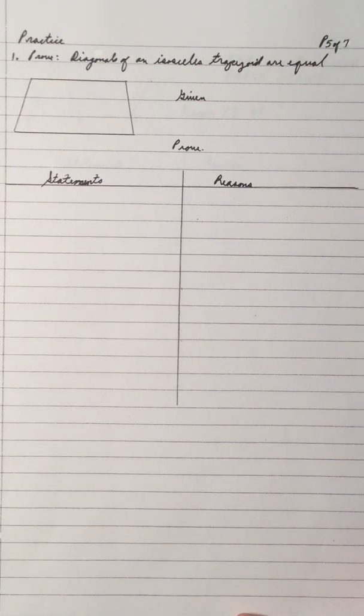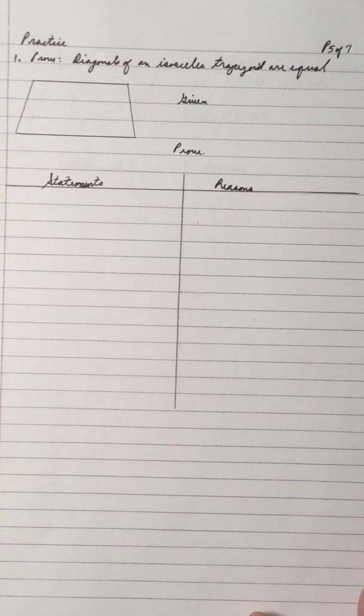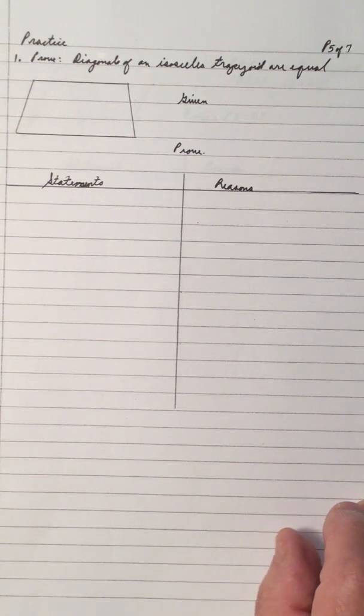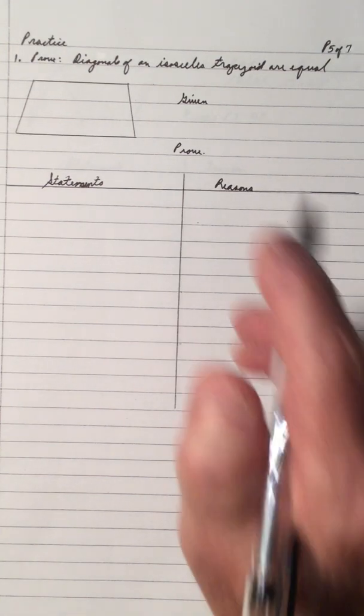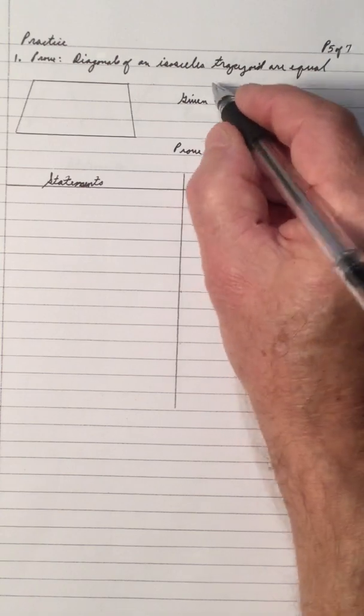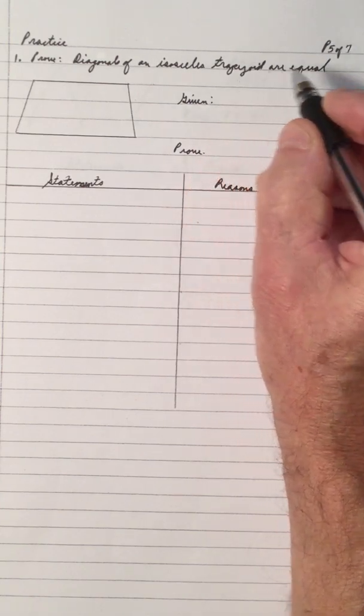And we have another proof to do, but this time it's practice. And practice means pause the video and see if you can work the proof out. Prove the diagonals of an isosceles trapezoid are equal. If you had to do this proof from scratch, you would draw an isosceles trapezoid.